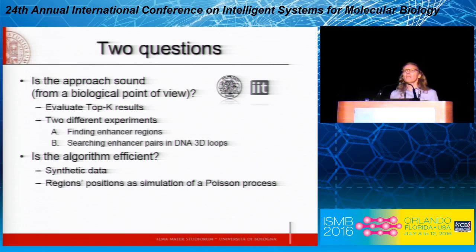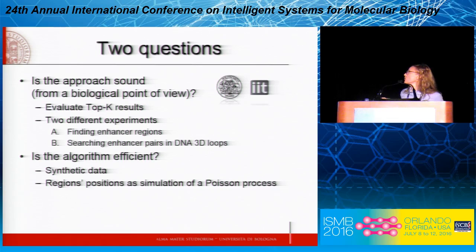From the point of view of experimental validation, we wanted to answer basically two questions. First of all, is our approach sound from a biological point of view? So we got a real pattern from Polytechnic of Milan, and we evaluated the top K result. Actually, for limit of time, today I'm focusing only on the first pattern, finding enhancer regions.